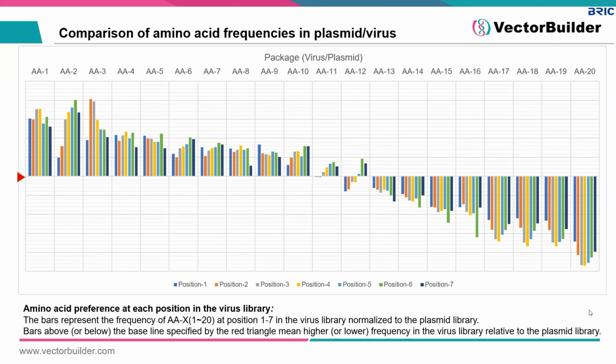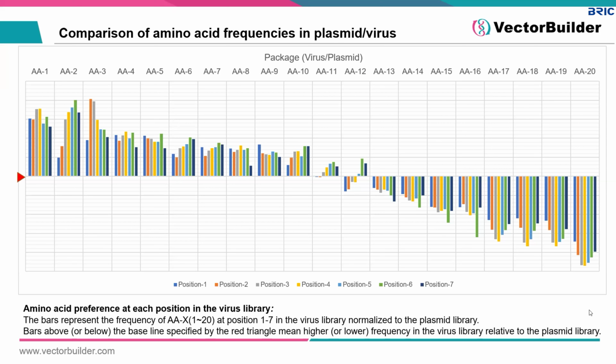After NGS, we have the different peptide or coding sequence data, and we compare the amino acid frequencies in the plasmid and virus library. We find different amino acids appear at different occurrences or frequencies. To desensitize the data, the amino acids shown here are masked by numbers, and we categorize them by their nature.